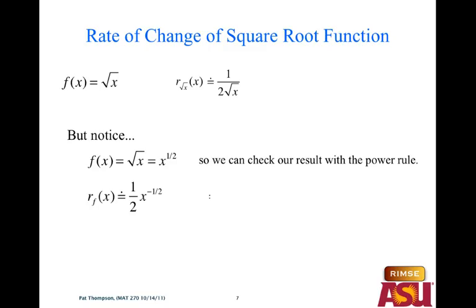So do they agree? What is x to the negative 1/2? Right, so the negative exponent means x to the 1/2 in the denominator, and x to the 1/2 is square root. So check, the power rule confirmed what we derived.